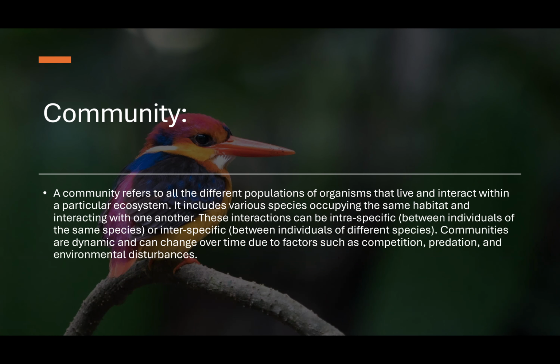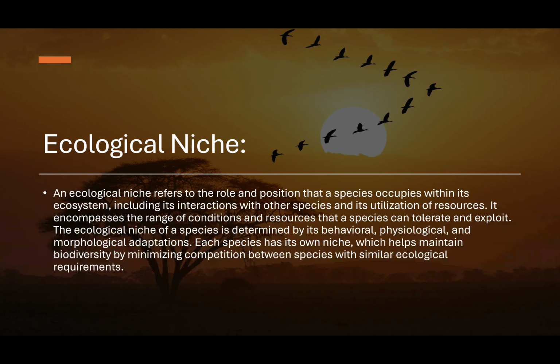All right. Community as well. The community now will be speaking about all the different populations put together, right? So all populations of different species interacting with each other within a particular ecosystem, which we just defined. All right. So we have all of these different terminology that we must look at. An ecological niche as well, right?